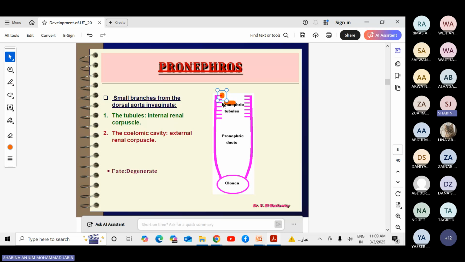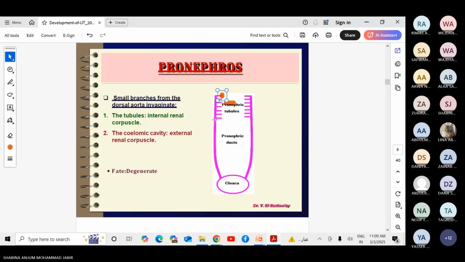If you see the lateral ends, these are the lateral ends. All the lateral ends are joining to form the pronephric duct like this. And this duct opens into the cloaca.